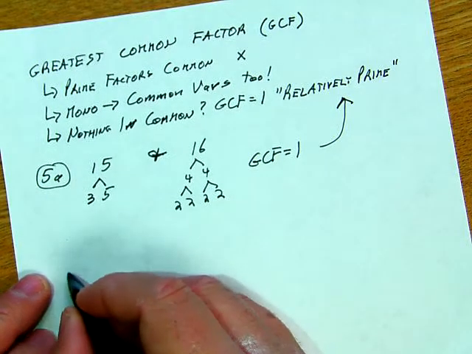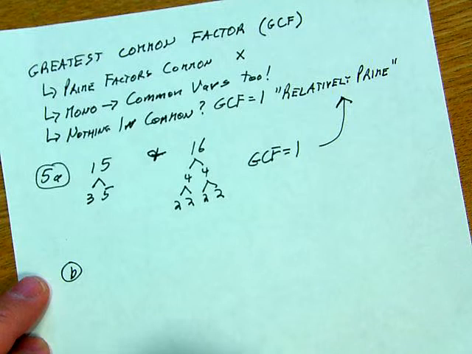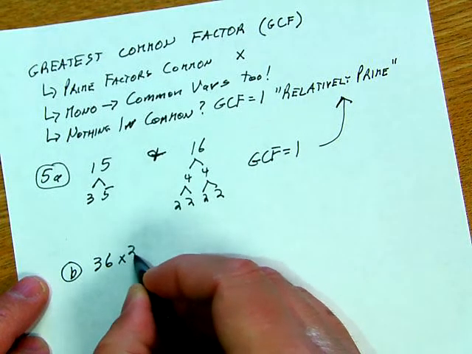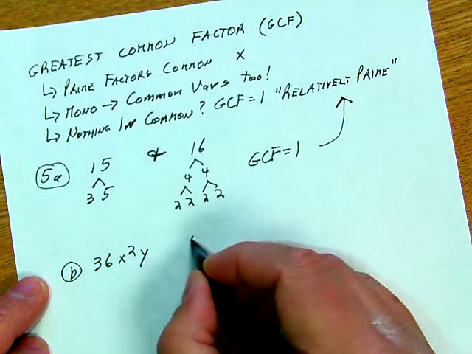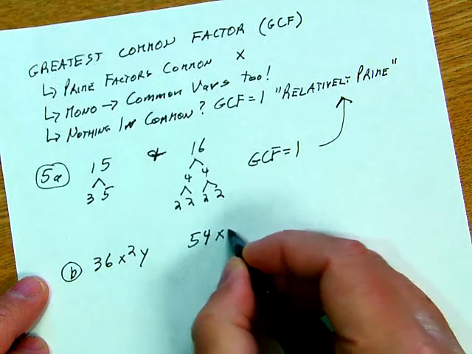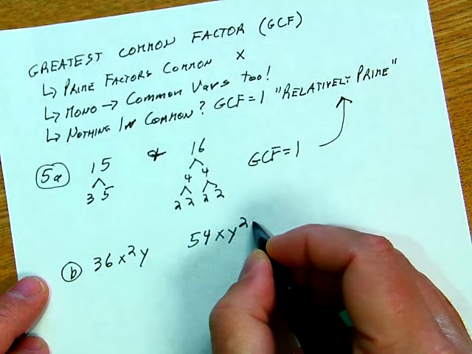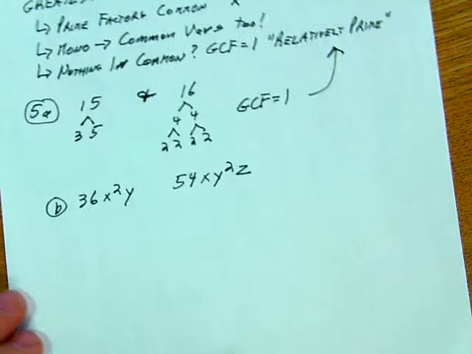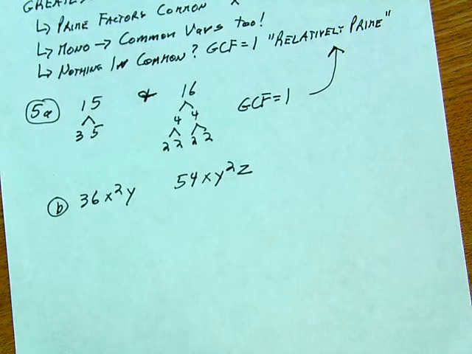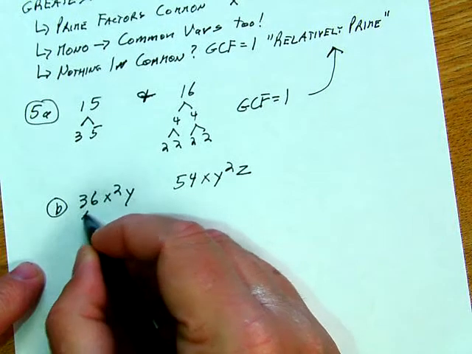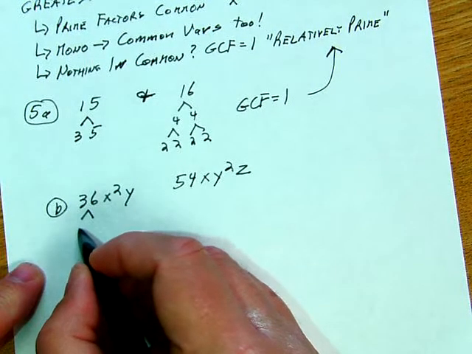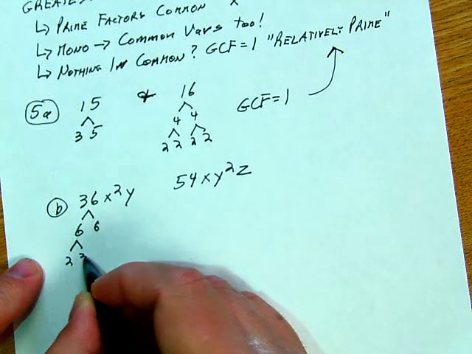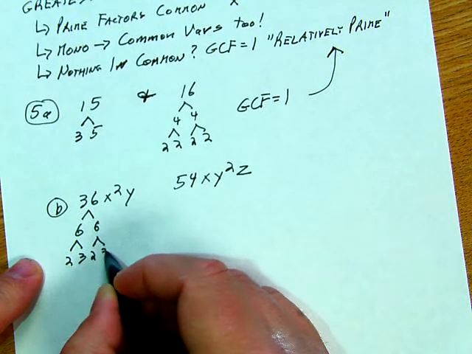Now let's try example 5b, where we're using monomials. Let's say 36x squared y and 54xy squared z. Now what we have to do here is do the prime factorization of each number and each monomial. So first let's do the number 36: 6 times 6, and 2 times 3 and 2 times 3.